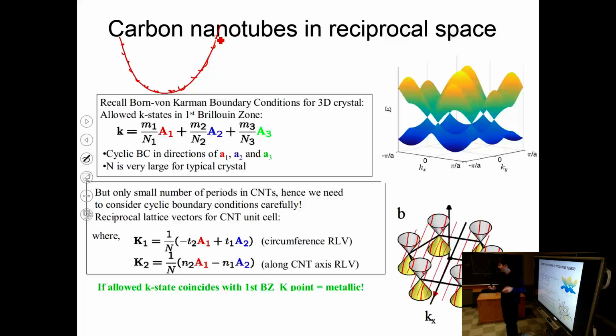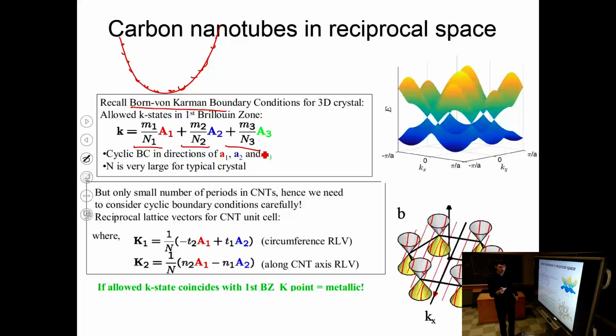But in this case of the nanotube, we actually have periodic boundary conditions. You travel around the loop and you arrive at the same point. And so before we looked at these Born-von Karman boundary conditions, which told us that the allowed k values are some integer divided by the number of cells in the crystal in the directions n1, n2, and n3, and only these values for m1, m2, m3 integer are the allowed k vectors.